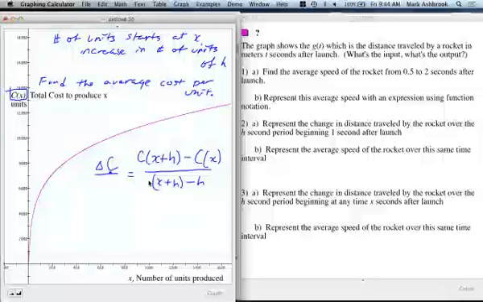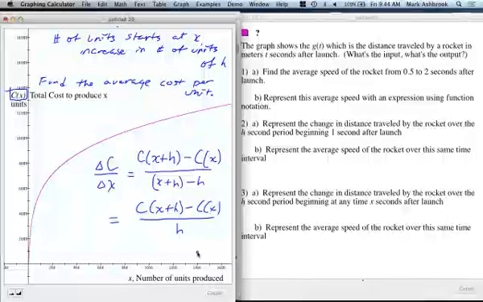And what is that denominator? The change in the number of units starting at x units, which is h. Okay, so again, this is called the difference quotient. It doesn't give average speed anymore.